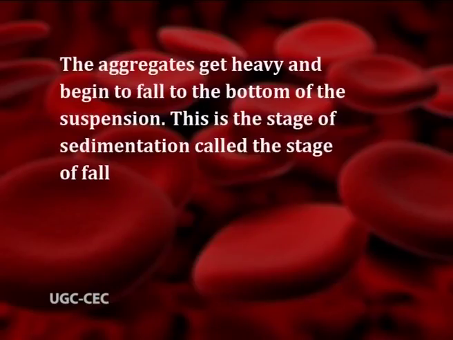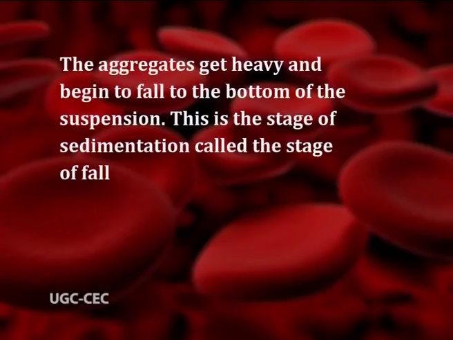2. When the number of erythrocytes is more, the number of piles or rouleaux formed is also more, and all of them start settling down. 3. Cell size, shape and composition affect the rouleaux formation. The aggregates get heavy and begin to fall to the bottom of the suspension.